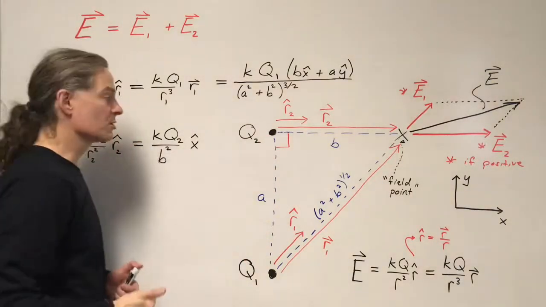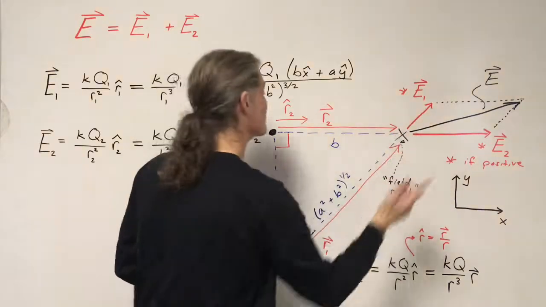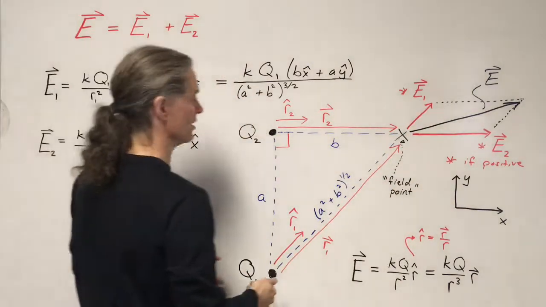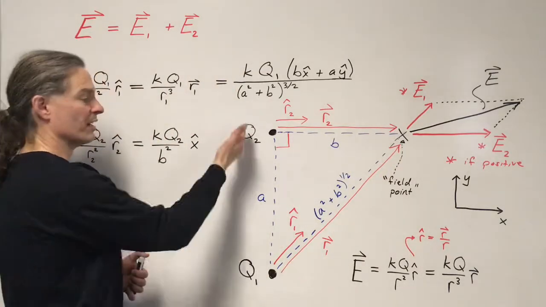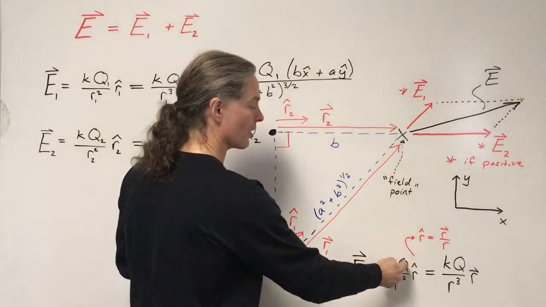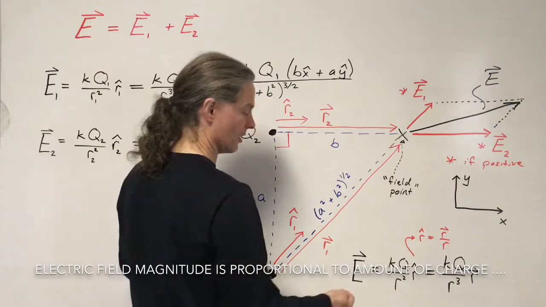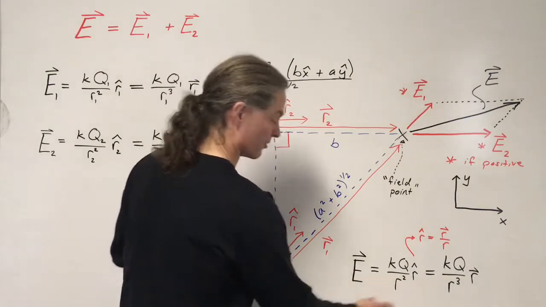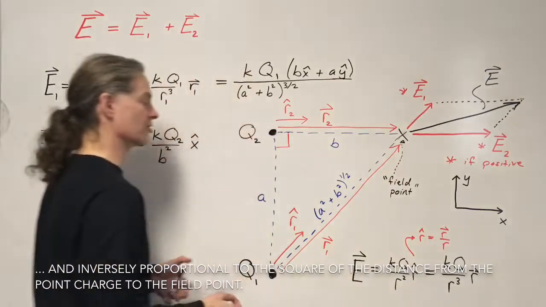A couple notes. First, the relative sizes of these arrows depend on many factors. They depend on these actual distances, and they depend on the relative amounts of charge here. Note that the more charge you have, the stronger the electric field contribution at a particular point from a particular point charge. However, the further you are away, the weaker the contribution.